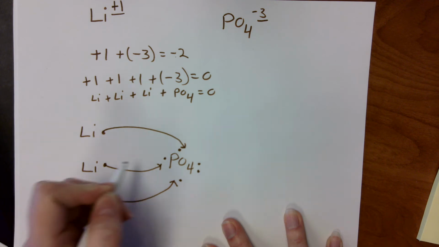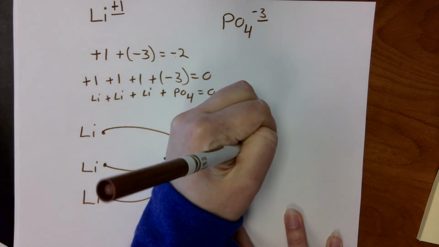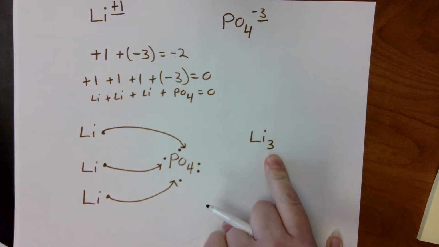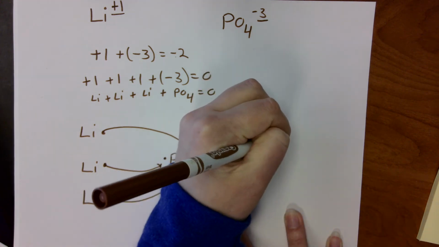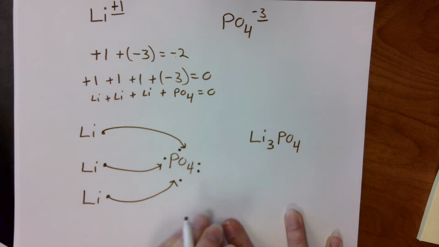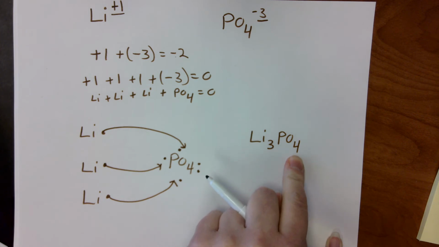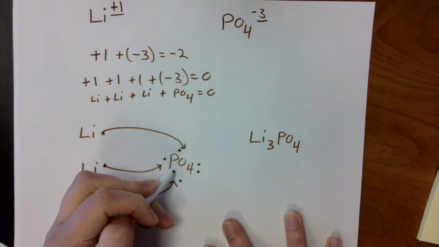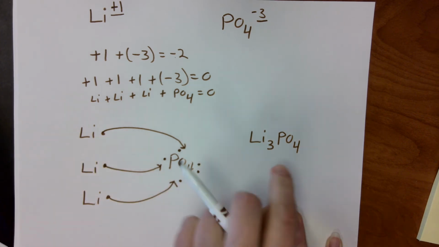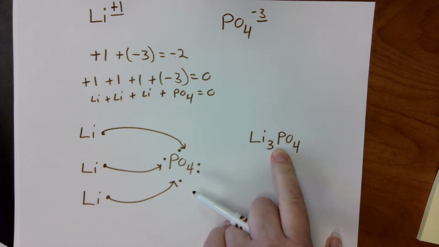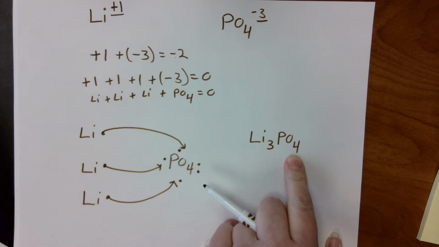And then when you write this, you have a 3 next to your lithium like normal. If I write phosphate right next to it, notice I don't have parentheses around it, and that's because I only have one of it. If I only have one of it, then I don't need parentheses because it's just by itself.